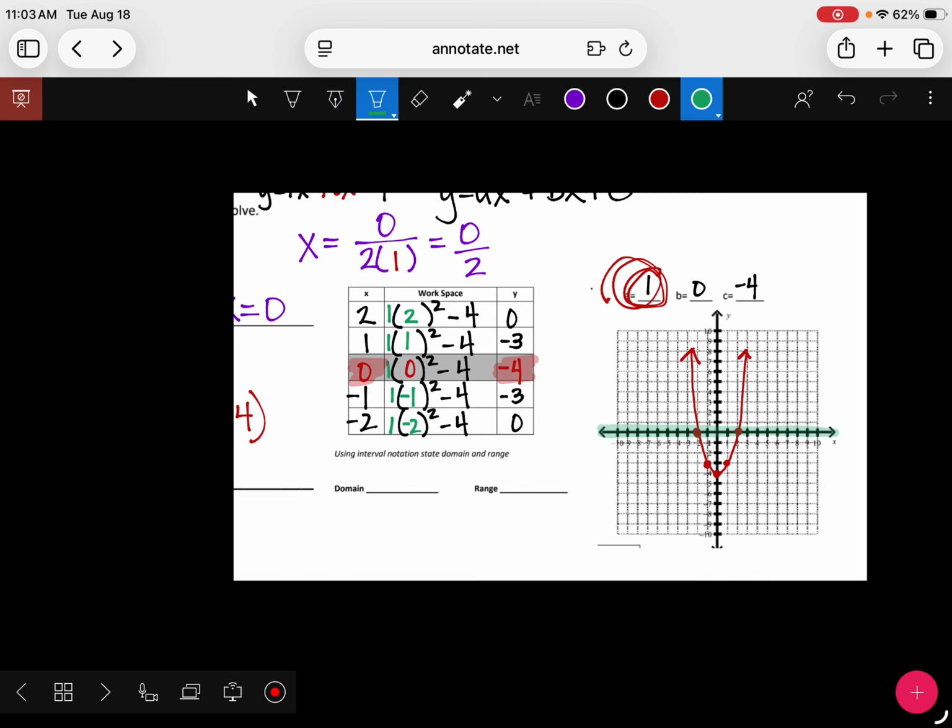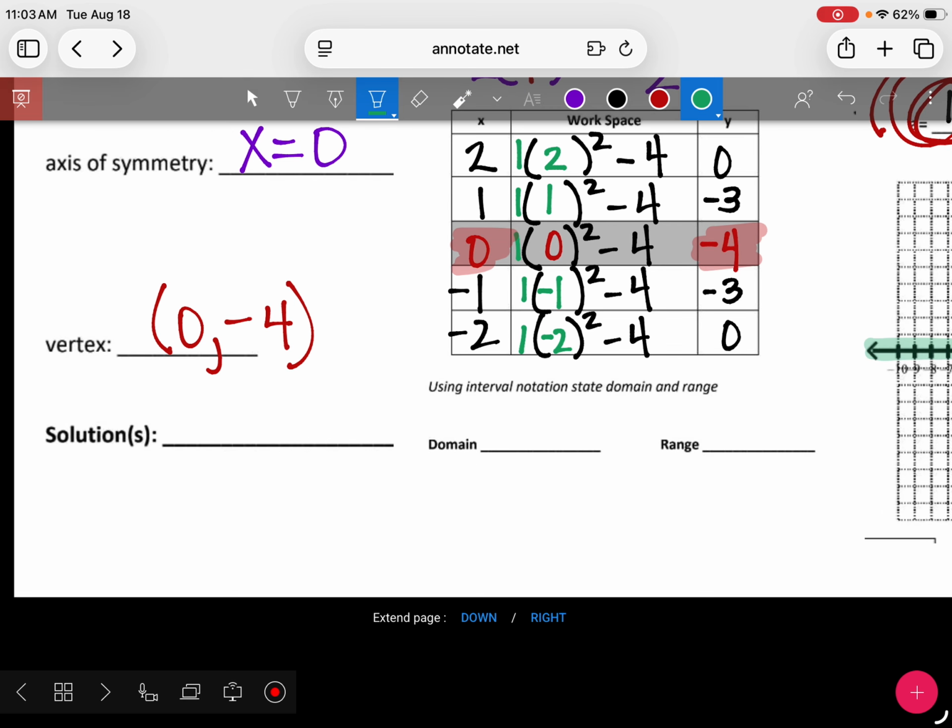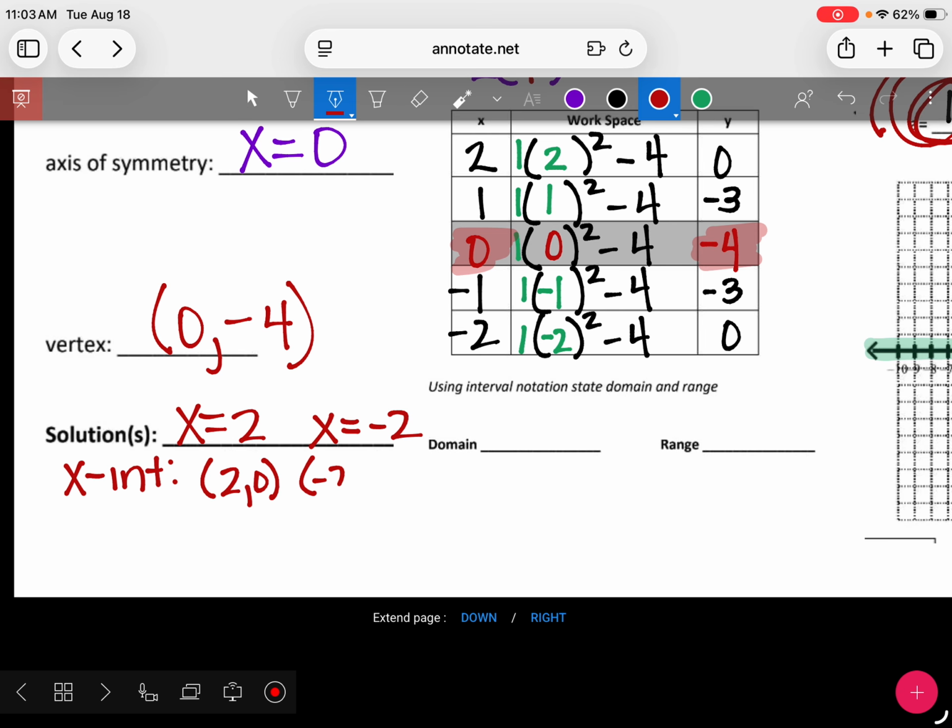So we call that our solutions. So x equals +2, x equals -2. Now, if it asks you for the x-intercepts, then you would have to write that as an ordered pair. And then our domain, all real numbers.